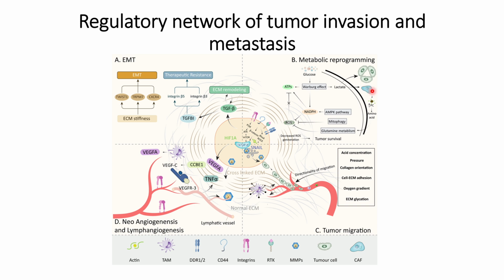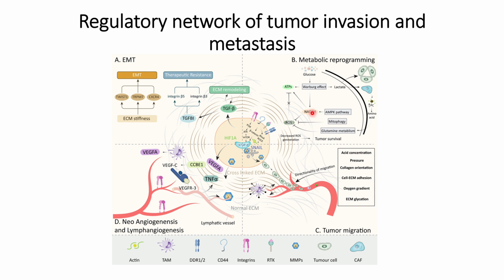This high lactate secretion in the extracellular matrix will affect the ECM composition surrounding the cancer cells, and that in other ways will promote ROS, and will promote glutamine metabolism, mitophagy or AMPK pathways.